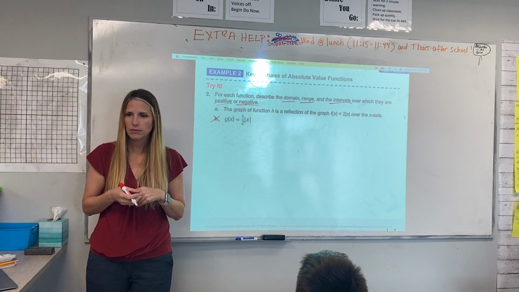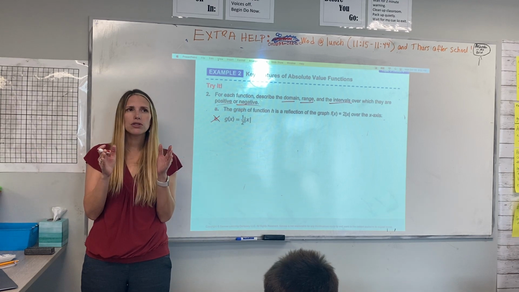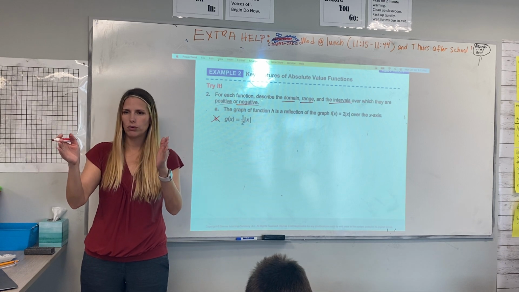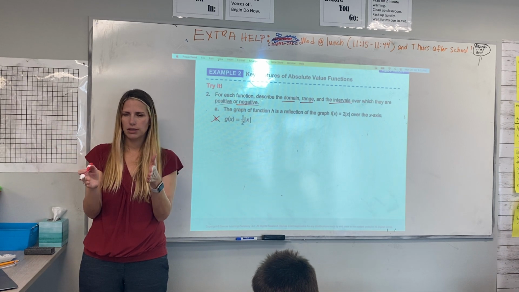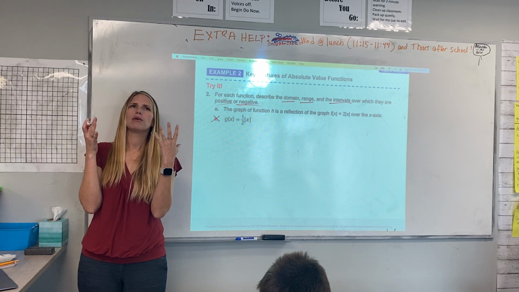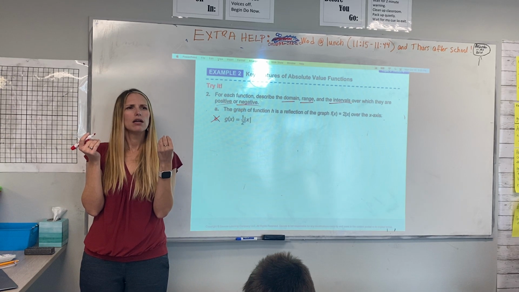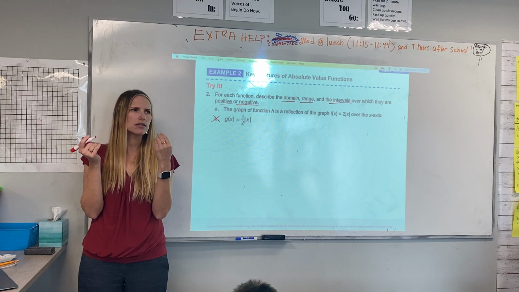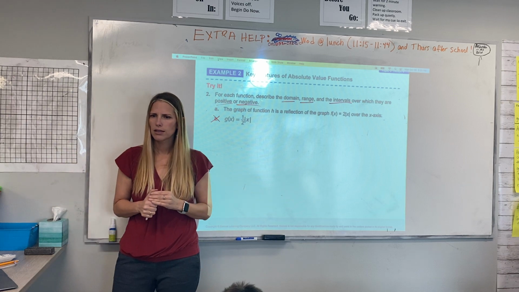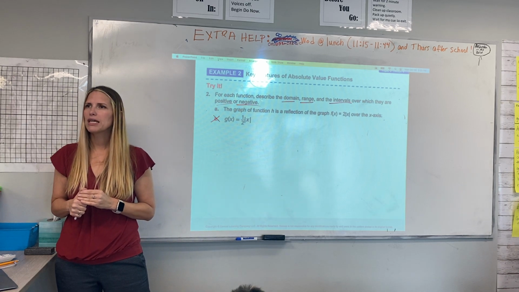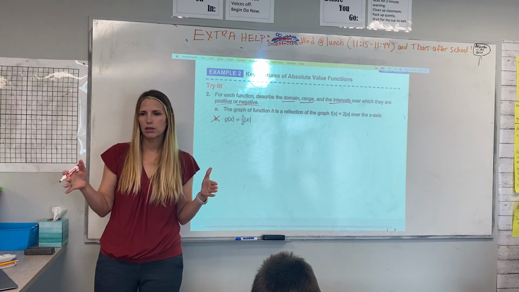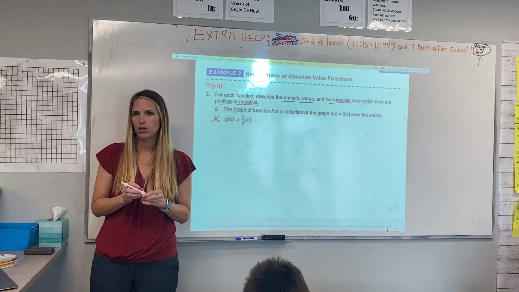Intervals describe something between two numbers, a distance between two things. Why is it plural? Because there could be more than one interval to describe.